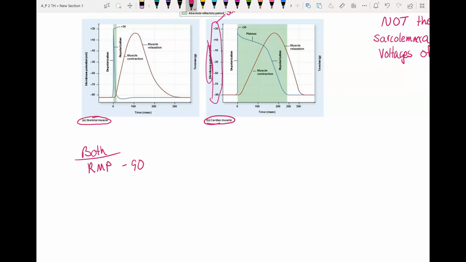Then you have sodium comes in, so you have depolarization, and you raise up to +30. So depolarization is the sodium in, and you raise to +30.